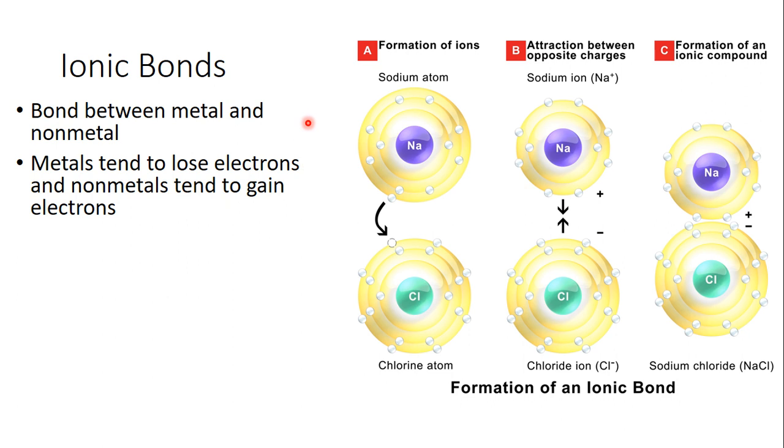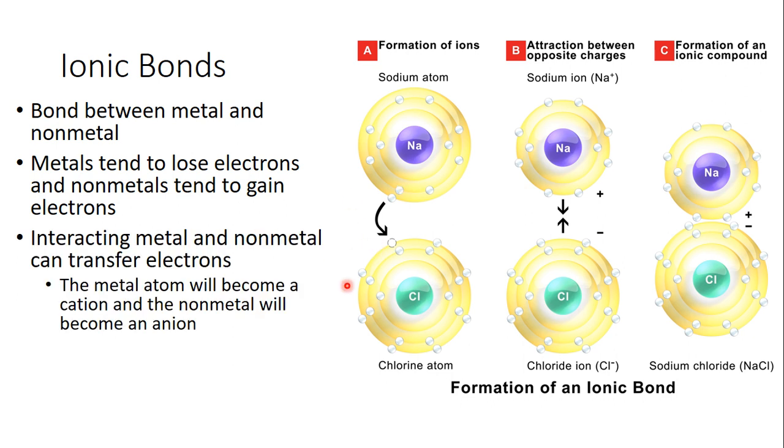And also remember, when we talk about periodic trends, metals tend to lose electrons, and when they lose electrons, they have more protons than electrons, so they become positive, and they're cations. Nonmetals tend to gain electrons. They have more electrons than protons, so they're negative anions, a negative ion.